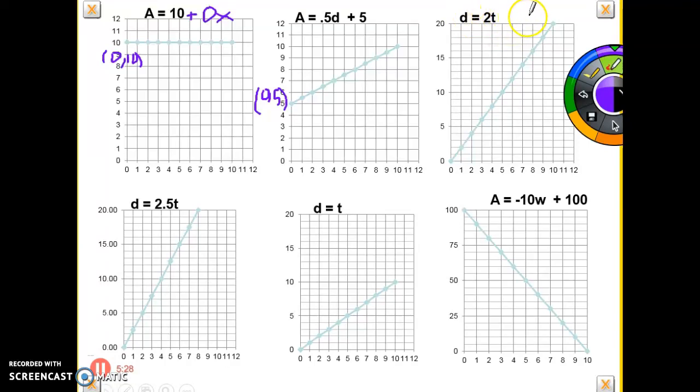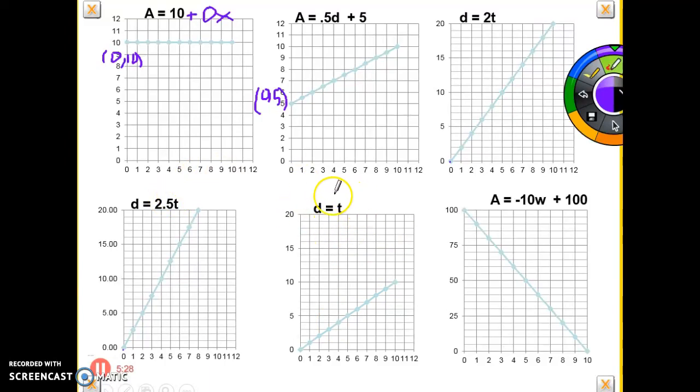And we do not have a number added on, because that number added on could be plus 0. That makes the y-intercept 0, 0, and that's why the y-intercept is at the origin here. The same thing for this equation down here. The y-intercept is 0, 0, because there's no number added on. Or if we added a number on, it would have to be plus 0. This coefficient is 2.5.